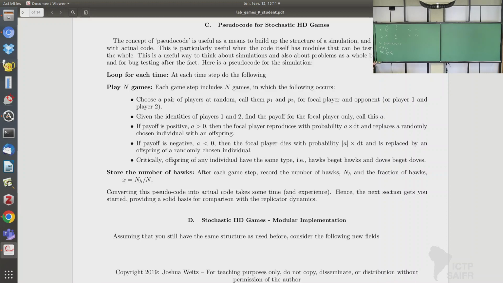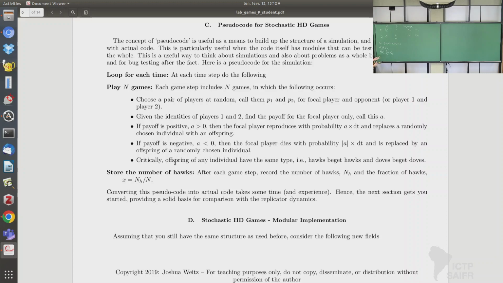Okay. So this means that given that you sample a hawk against another hawk, this is a two-player game, okay, remember, 2 players. So for each interaction to happen, you need to sample 2 players, okay?